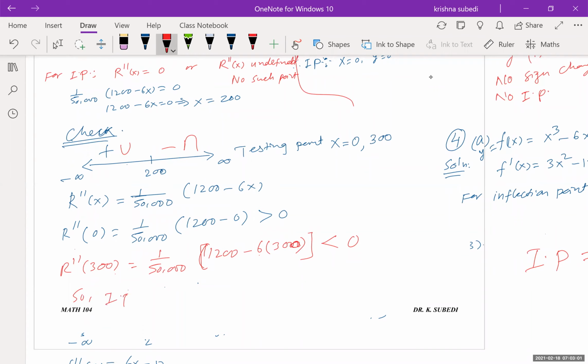So your inflection point is at x equals 200, and then you can find y, which means r of 200. You plug into the original function.